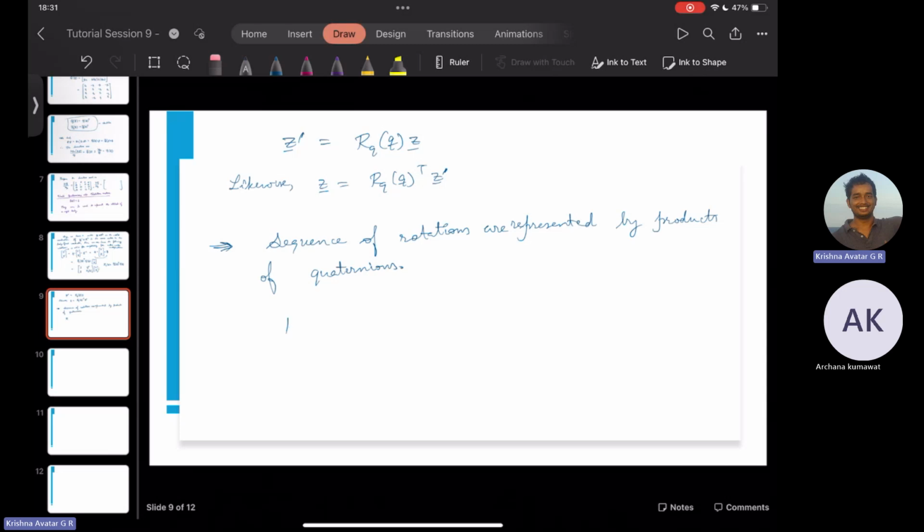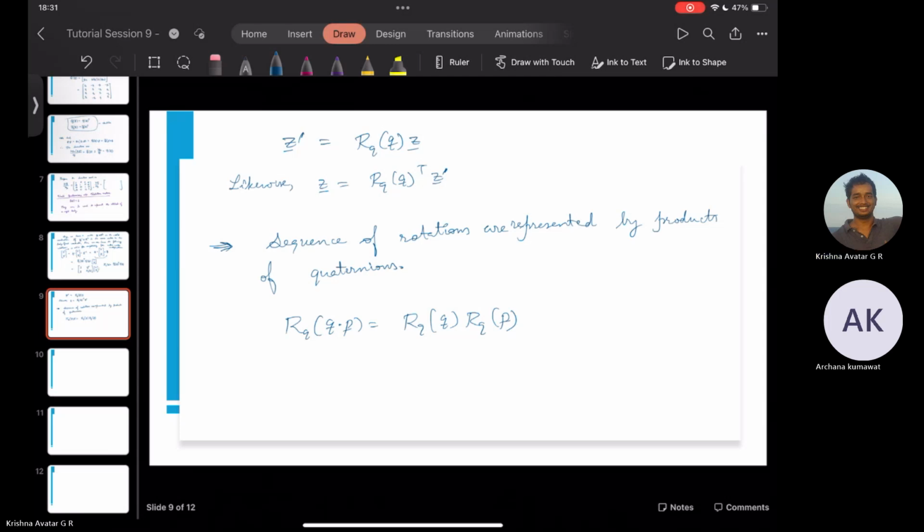Which leads us to say that RQ of Q dot P is equal to RQ of Q, then you have RQ of P vector, right? These are just, when you apply rotations on a product of quaternions, this is equivalent to rotating the quaternions initially and then multiplying them, right?